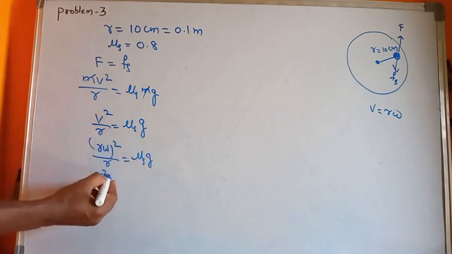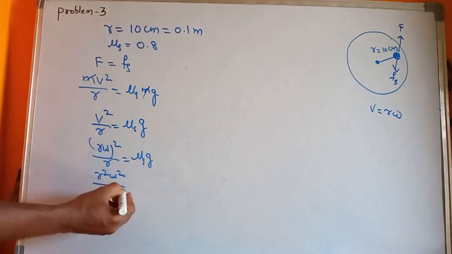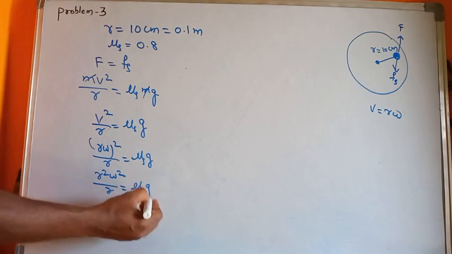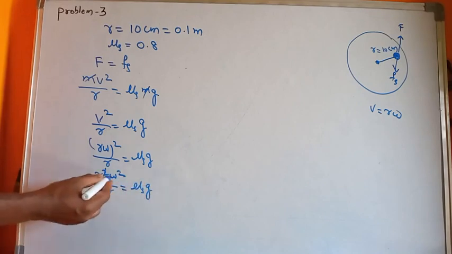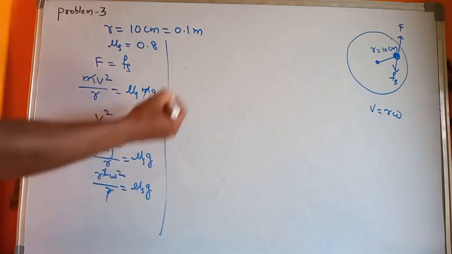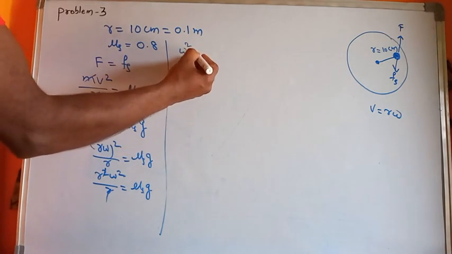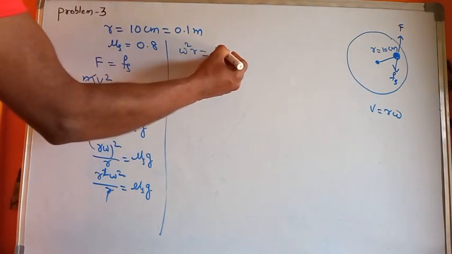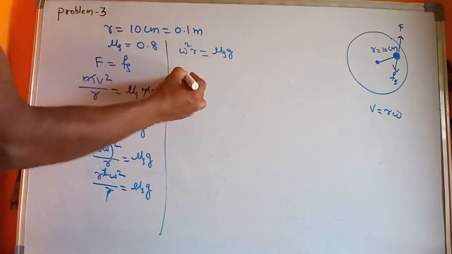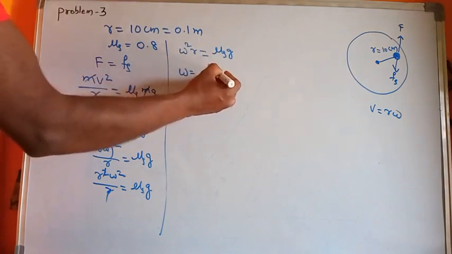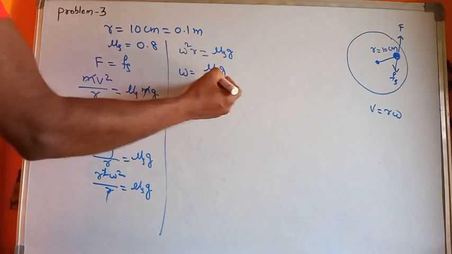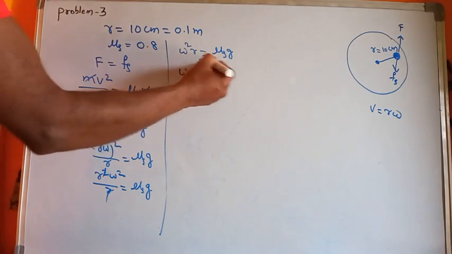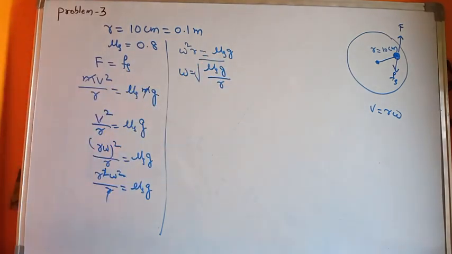One r cancels, and omega square r is equal to mu s into g. From that, omega is equal to the square root of mu s g by r. So this is our angular frequency.